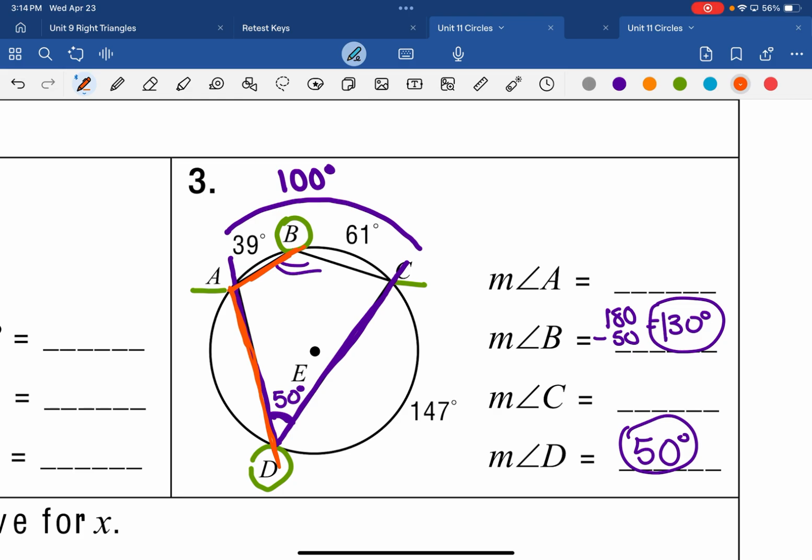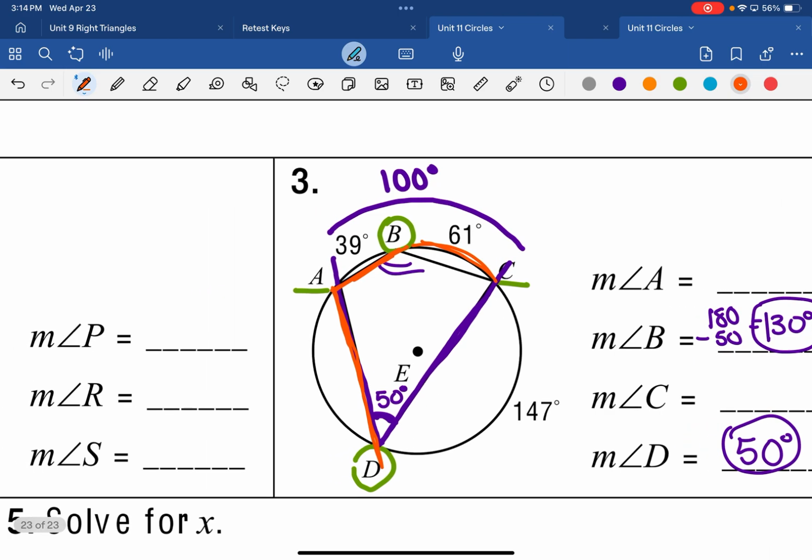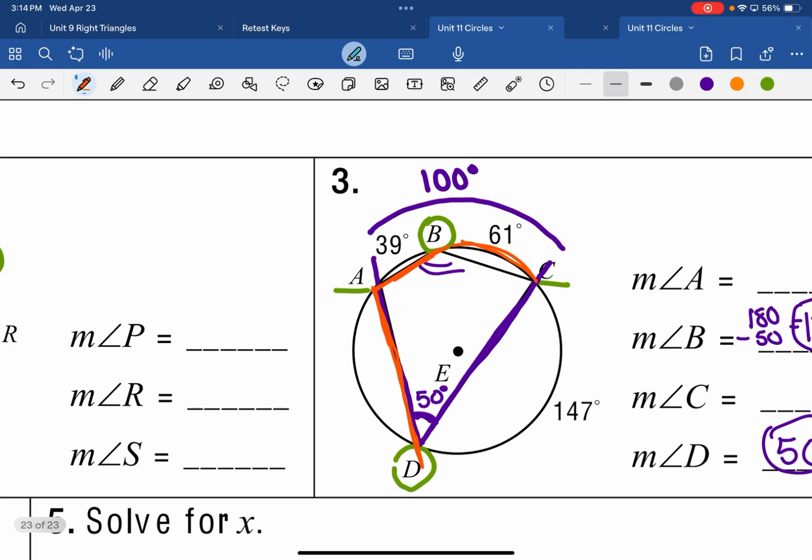B to D. So I start with B, which is the 61. Now, one thing I want you to be very careful about, because this is what people keep forgetting: you go around the circle. So I go B, C, and then I go around to D. That's my whole arc right there.